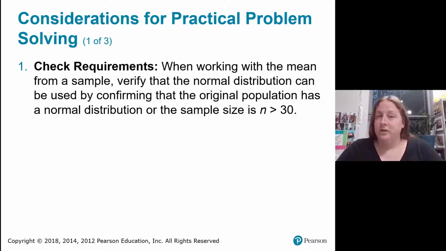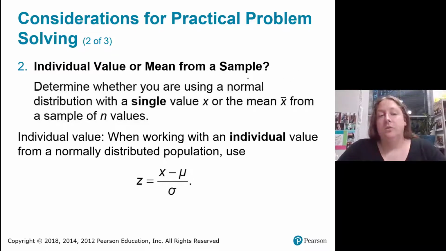All right. So when you're trying to solve problems with these considerations, the first thing you're going to do is check the requirements. When we're working with the mean from a sample, we need to verify that either the original population has a normal distribution, or our sample size is greater than 30. Then we also need to know, are we looking at an individual value or a mean from a sample?